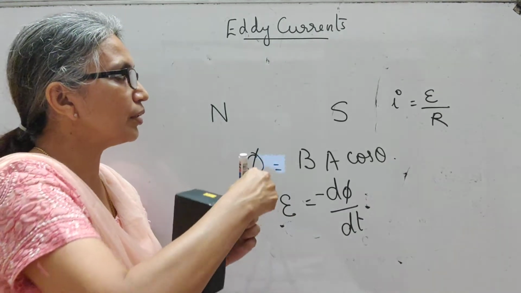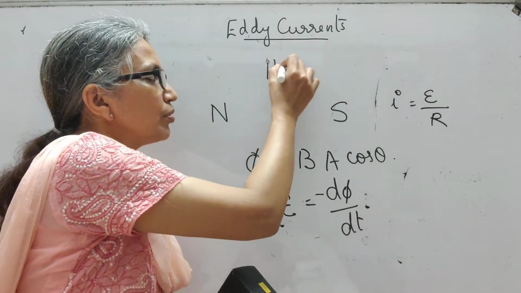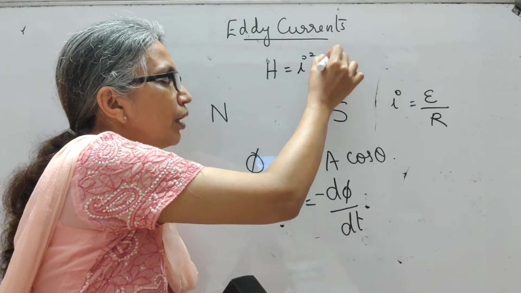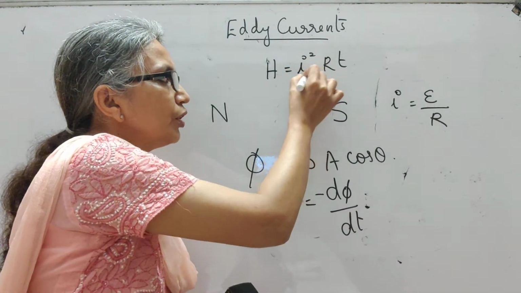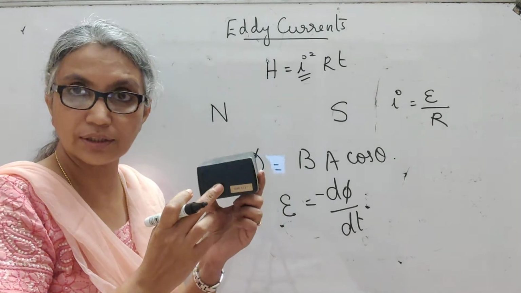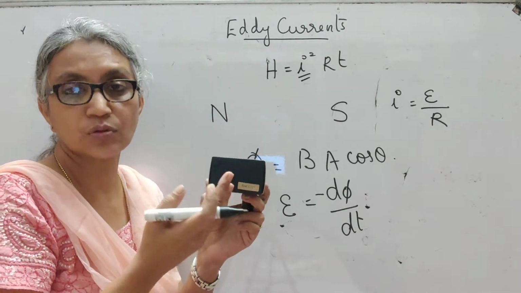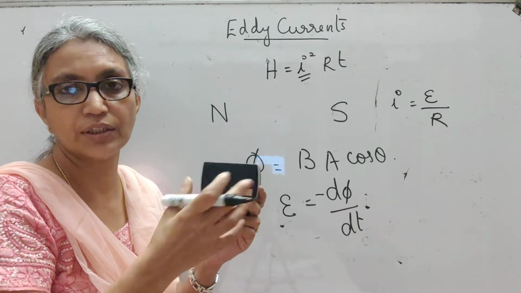Because in 10th standard you've learned that Joule's heating is I squared RT. So because of the induced current, there is heat generated in the core, and there is wastage of energy in the form of heat in the core.